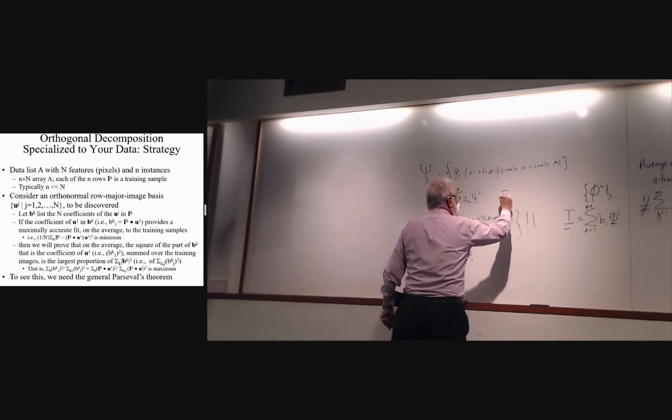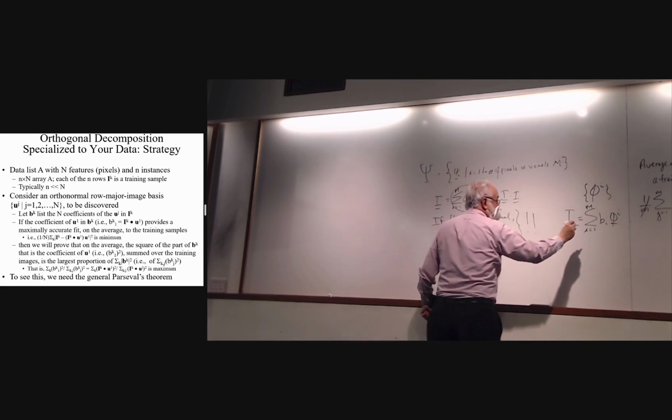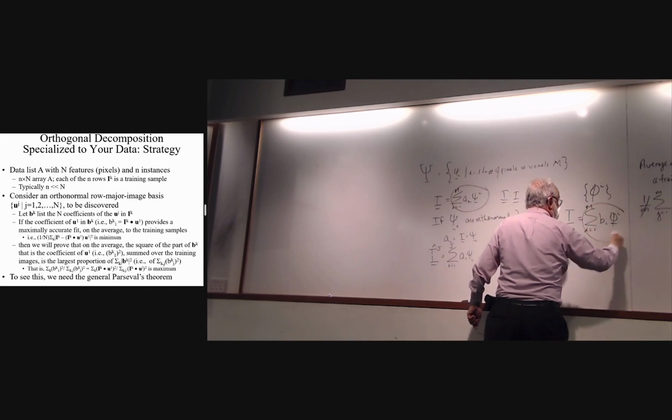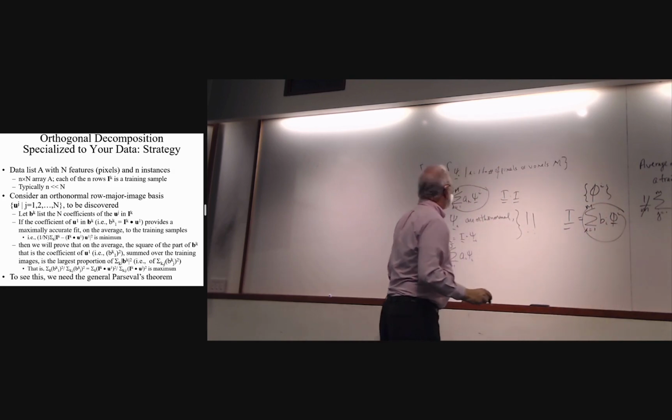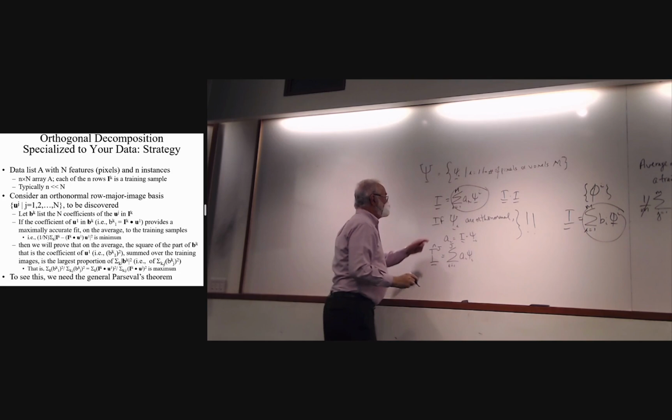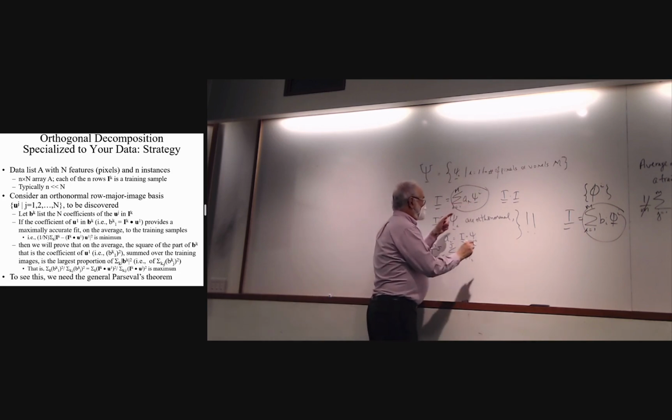But if we look at I dot I in this representation, and look at I dot I in that representation, the dot product, you get a double sum.